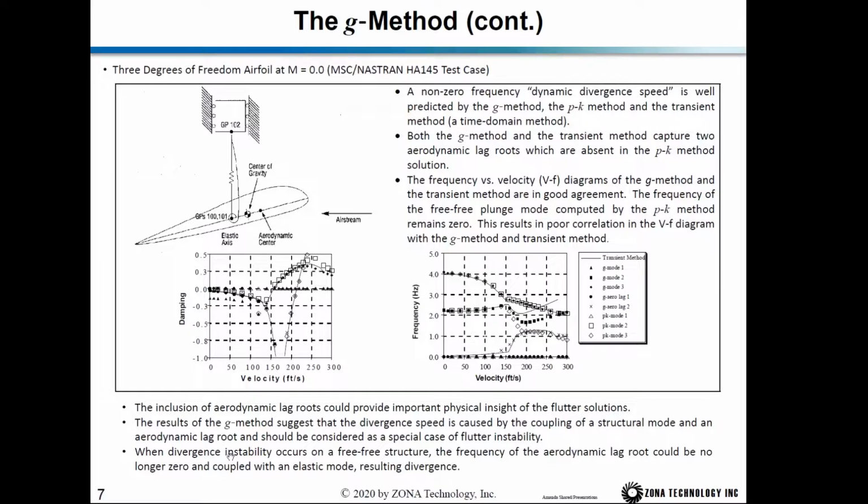When divergence instability occurs on a free structure, the frequency of the aerodynamic lag root could be no longer 0 and coupled with the elastic mode, resulting in divergence. So if you have a free structure, when divergence occurs, the frequency may not be exactly 0. And if you have a clamped structure, when divergence occurs, the frequency is exactly 0.